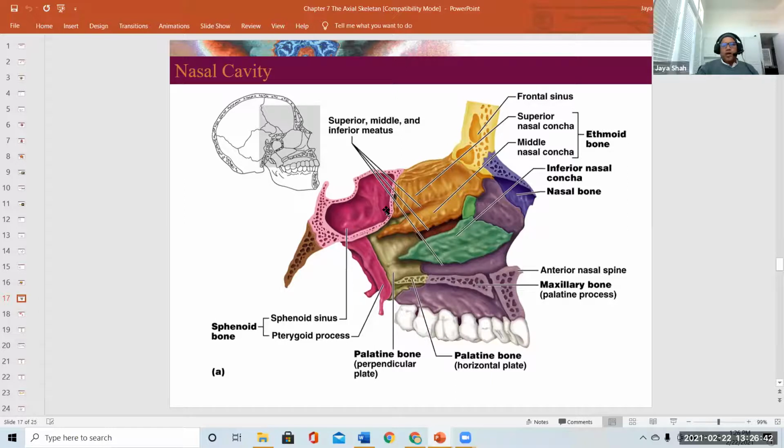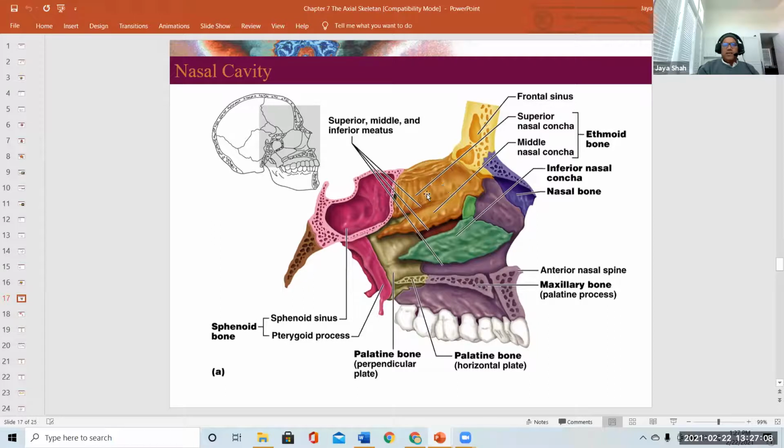When you see the medial wall of the nose, what do you see? You see there are sinuses. Here in the frontal bone, the frontal sinuses, cavities in the bones. There is the sphenoid sinus, a cavity in the sphenoid bone, and the pterygoid process here. And then there are turbinates, the enfolding of the bones.